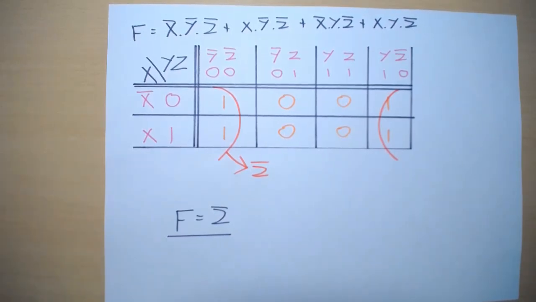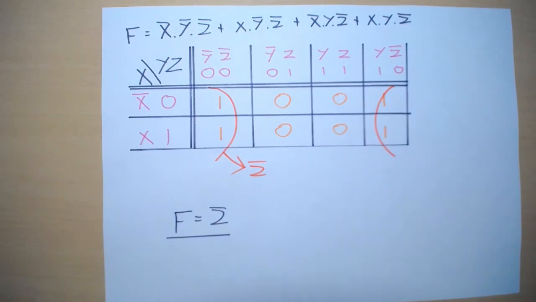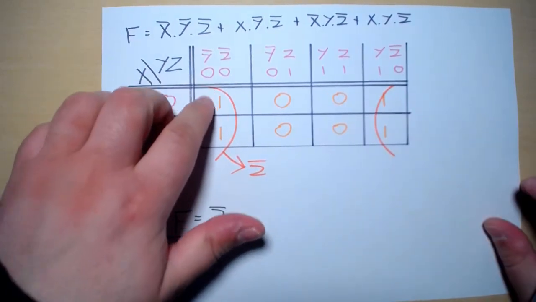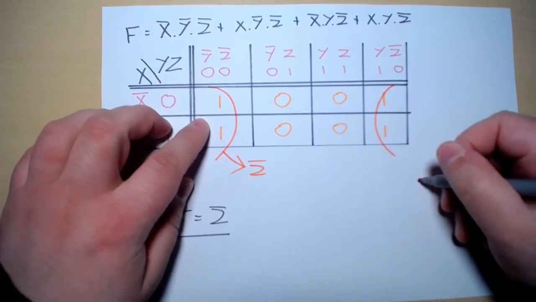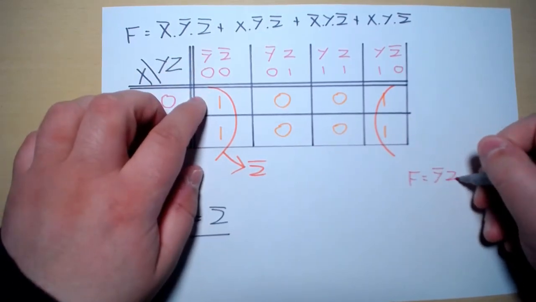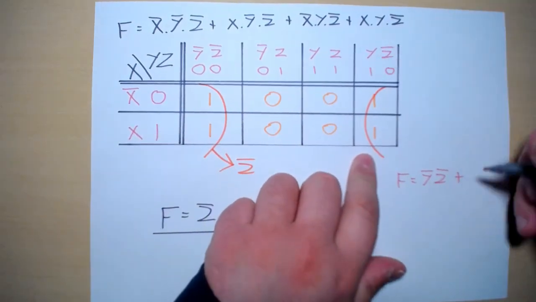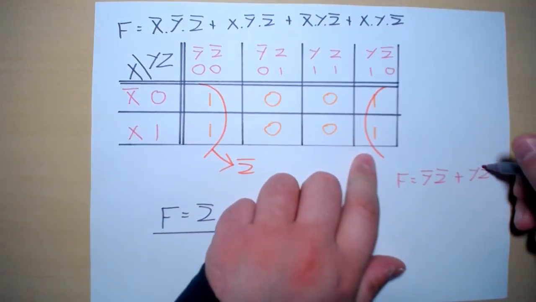It won't be wrong, but it will not be the most simplified. In fact, if we write down here what this will give us, f equals y naught z naught, or y z naught.